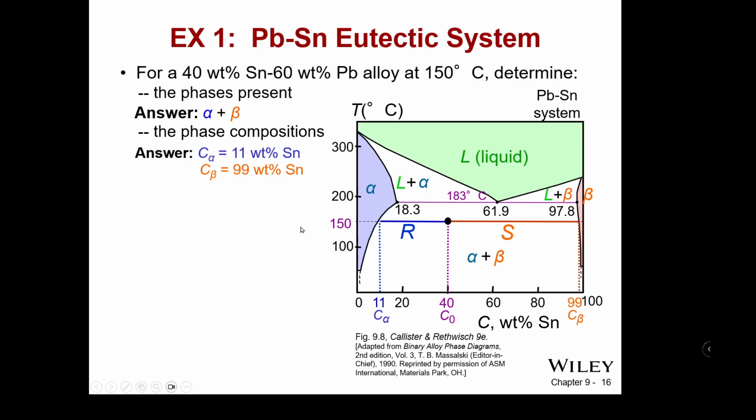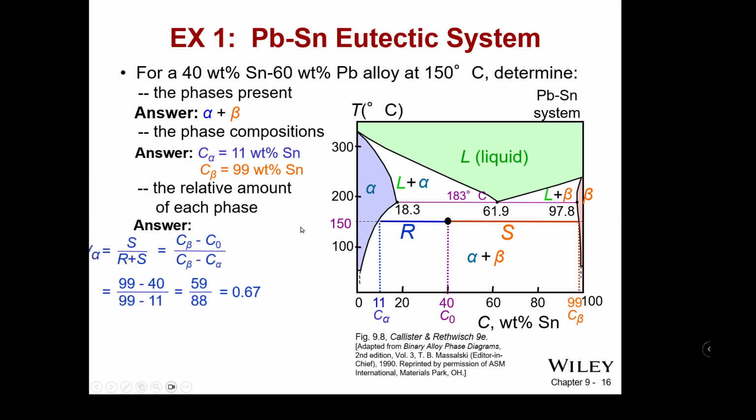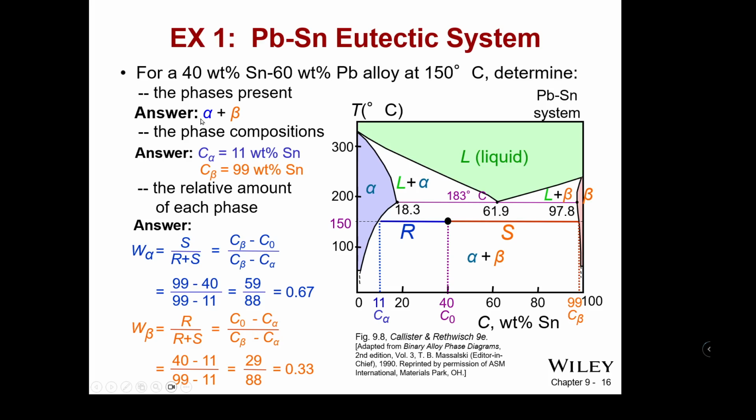So we can look at the weight fractions to get the relative amount in each phase. So the weight fraction of alpha is S over R plus S. So the difference between 99 and 40 over 99 minus 11 is about 67% alpha.